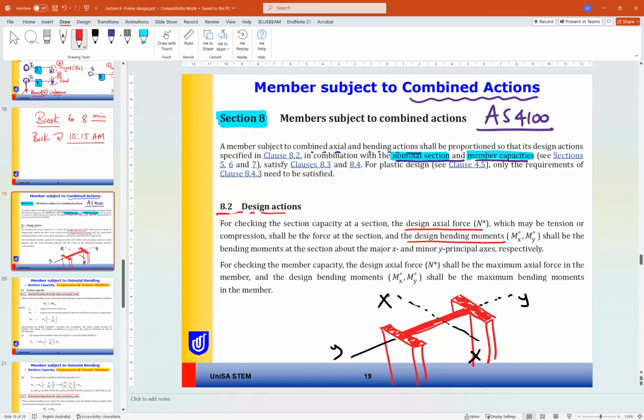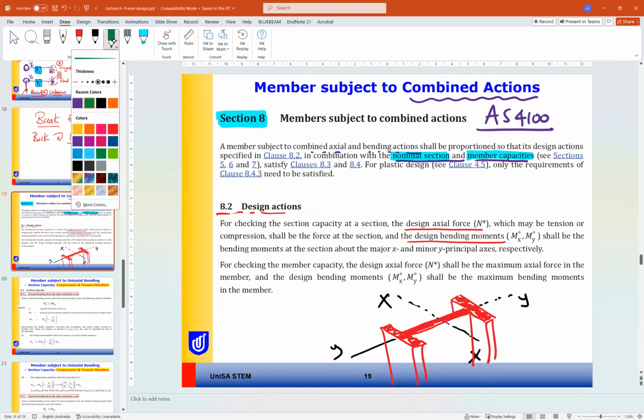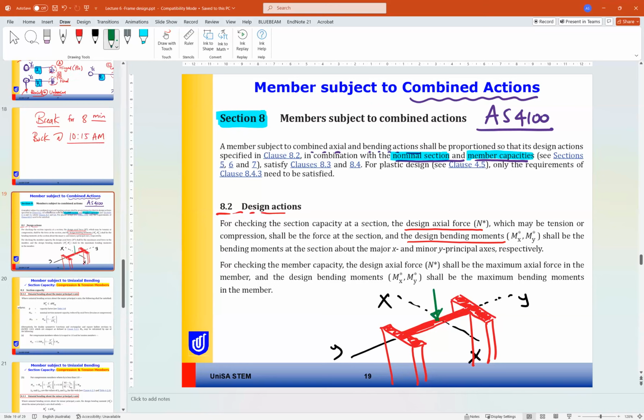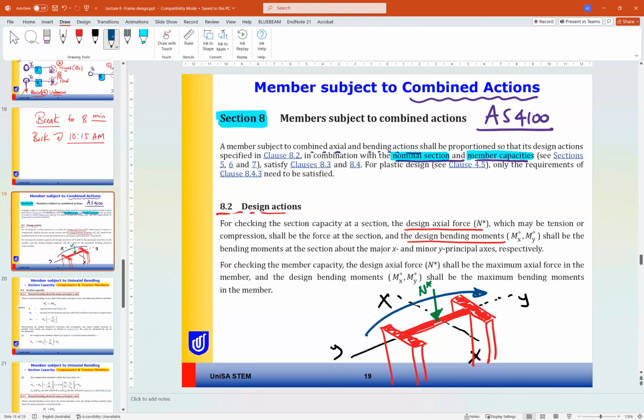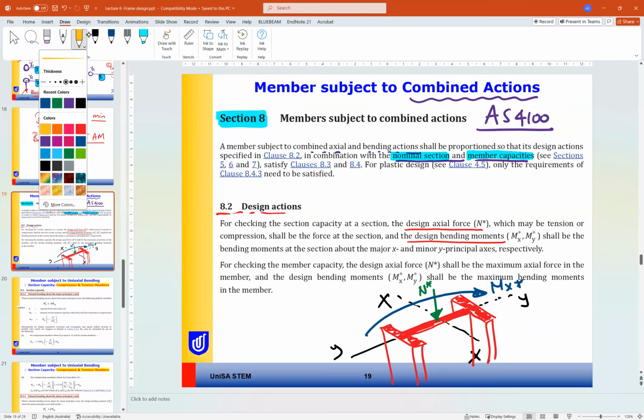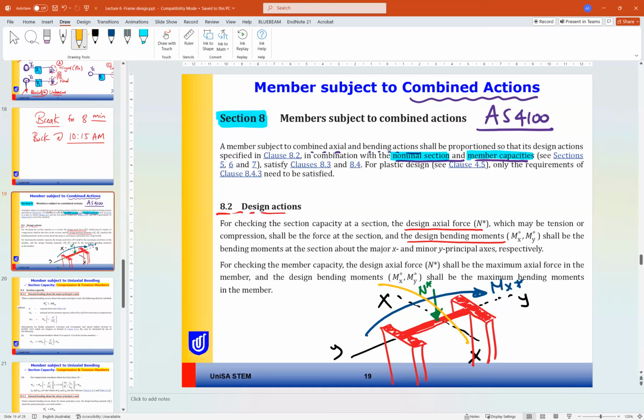This column can be under axial load N asterisk, and we may have Mx asterisk, and we may have My asterisk. So we have N asterisk, M asterisk x, and M asterisk y.